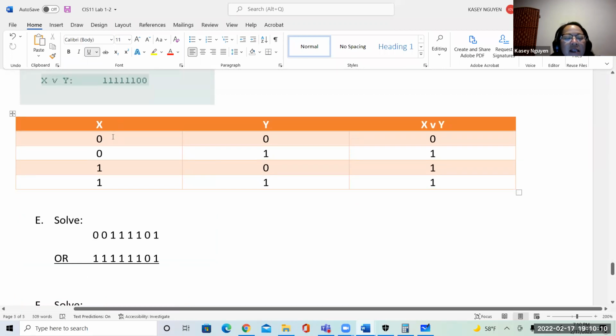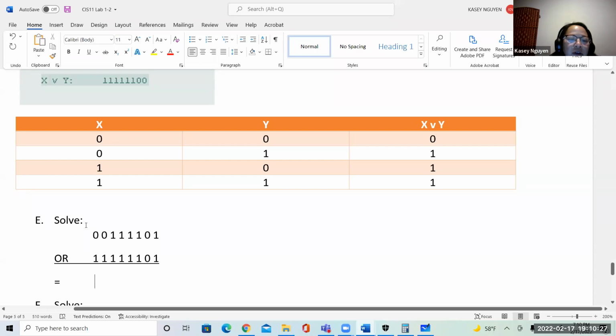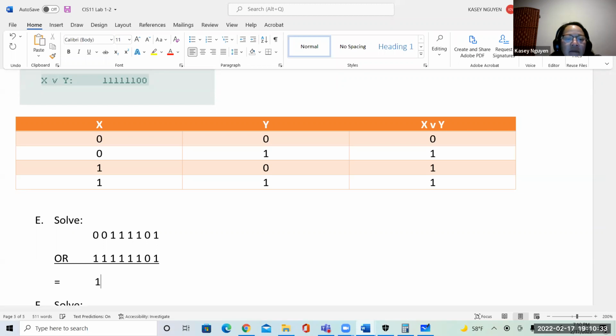Okay, so let's look at this truth table, and we're going to solve the next 2 questions. I have it underscored, so let me take that out of the underscore here. So 0 or 1 for question E is going to be 1, because anytime you have 1 as an input out of the 2, you're going to get a 1 as the output. 0 or 1 is 1. 1 or 1 is 1. 1 or 1 is 1. 1 or 1 is 1.